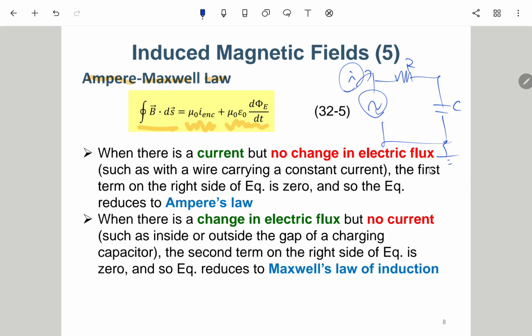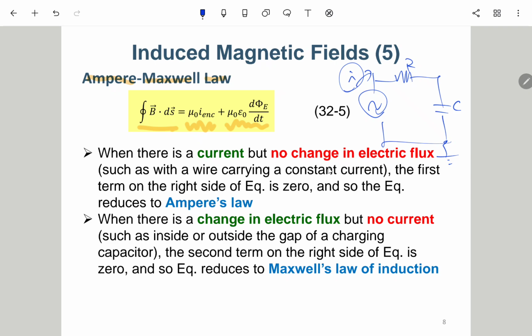So here it says when there is a current but no change in electric flux, no change in electric flux means a DC current, such as a wire carrying a constant current. The first term of the right side of the equation is 0, and so the equation is reduced to Ampere's law. So there are two cases.